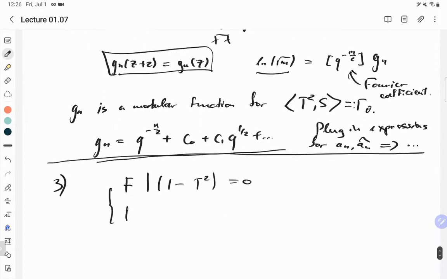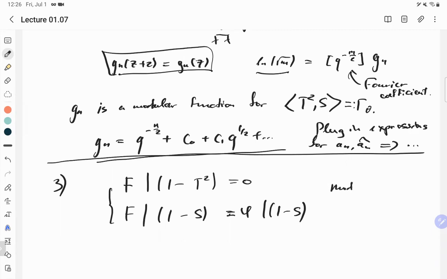So I will have, instead of the condition for this S T squared S matrix, a condition with the S matrix. This will be something of this type. So that's what you get when you symmetrize the problem with respect to the Fourier transform. So you get, again, a modular cocycle problem, but for this group gamma theta.